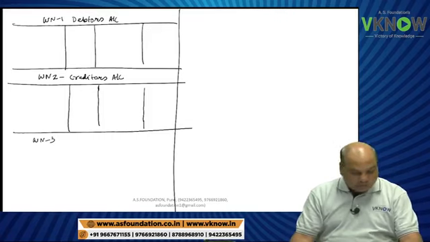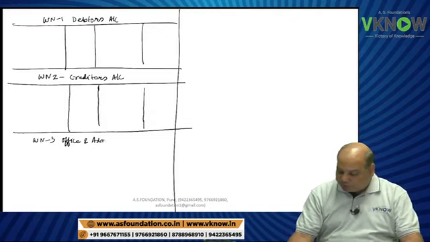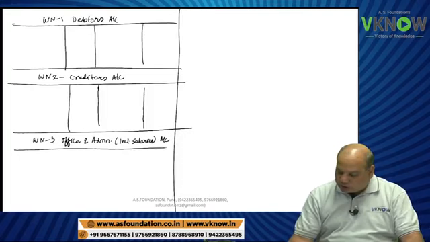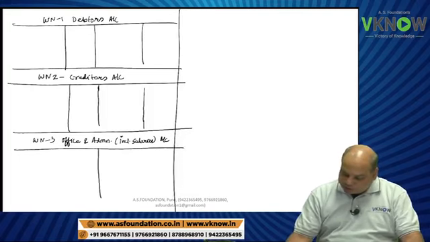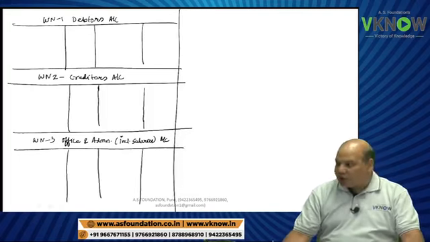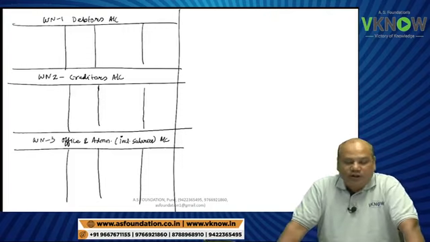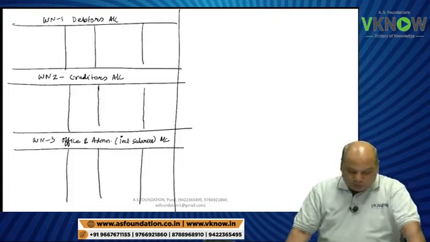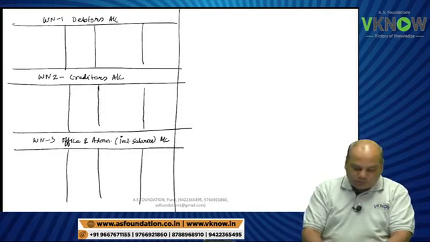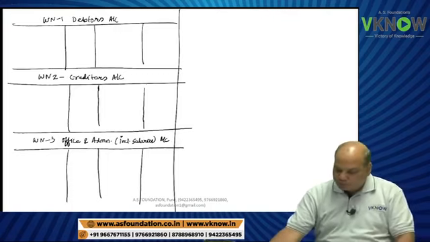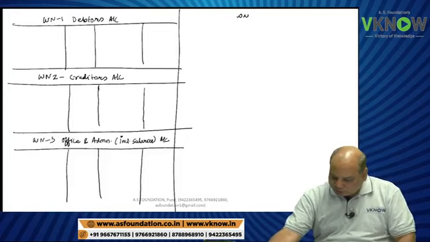So we will write office and administration expense, including salaries, because salary is part of office and administration expense. Then we will draw some more working notes. So please write down working note 4, give number also.